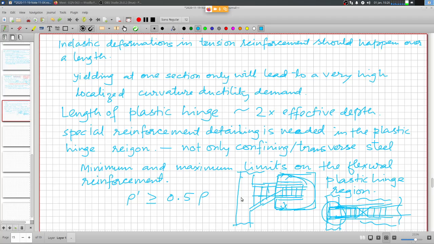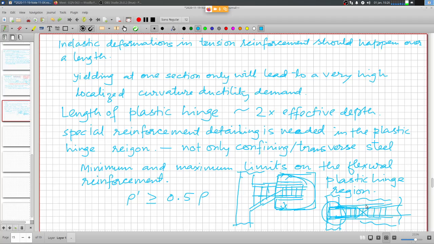And also, transverse steel is only vertical reinforcement, and the longitudinal steel has obviously yielded in the plastic hinge region.